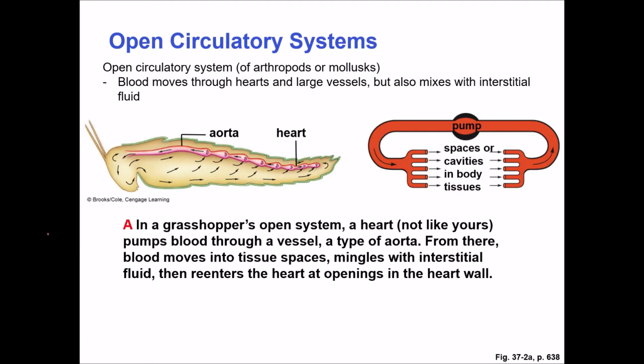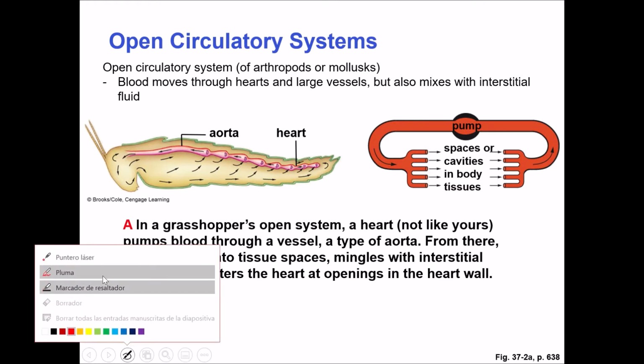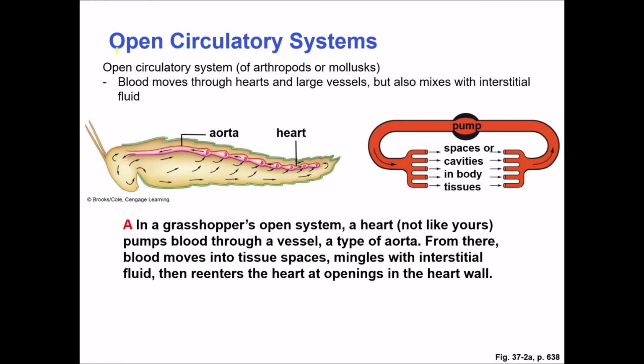Then, when we get to this part, we need to recognize what it means when you talk about open circulatory systems. They are systems where the blood just goes in one direction. I explained that to you basically. It goes in one direction and it is not connected. The blood just mixes with the interstitial fluid.